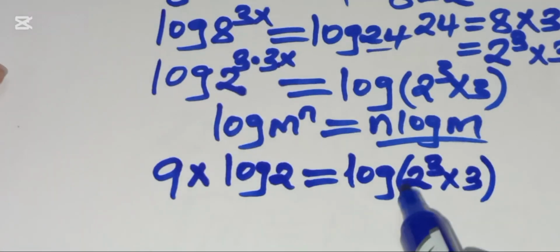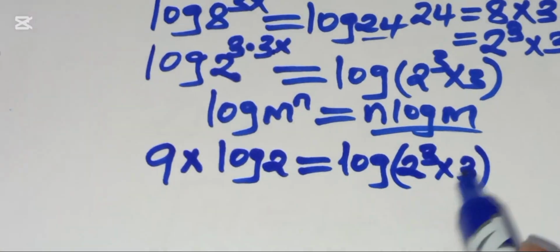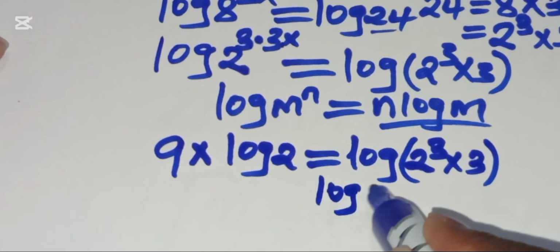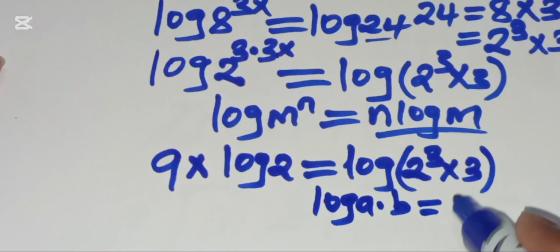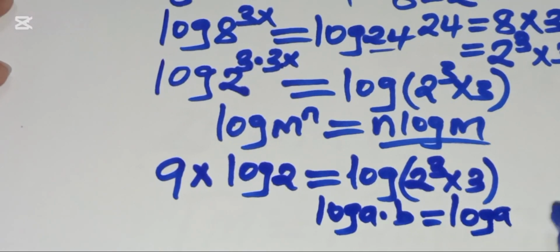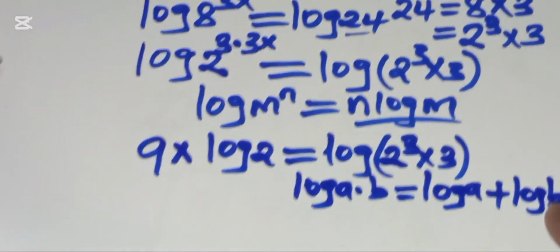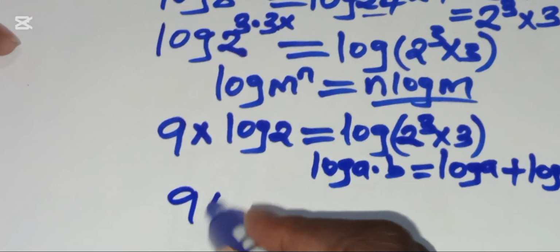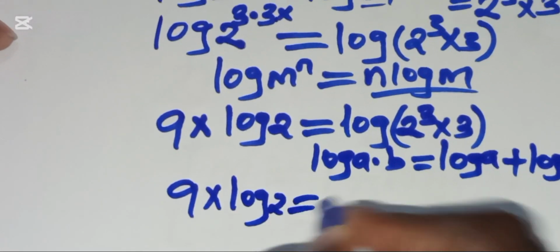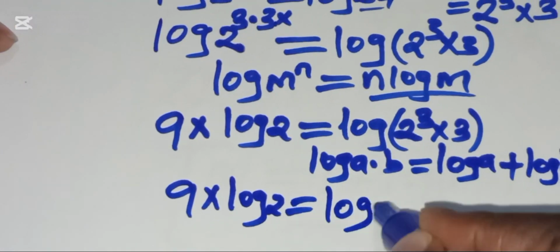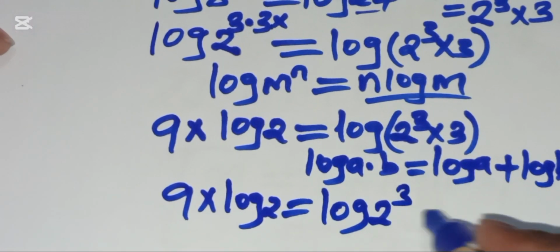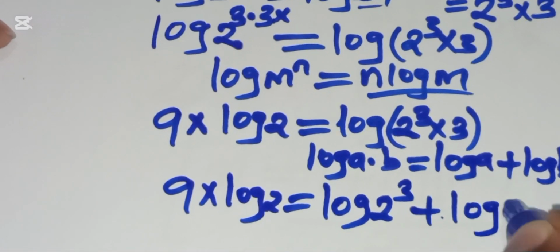Now if you check on the right hand side, log 2 raised to power 3 times 3 is in the form of log a multiplied by b, which you can express as log a plus log b. So let's apply this property. We're going to have 9x log 2, which is equal to log 2 raised to power 3 plus log 3.